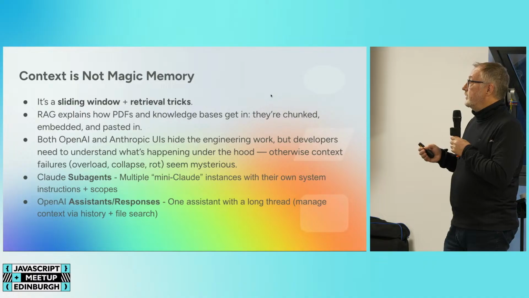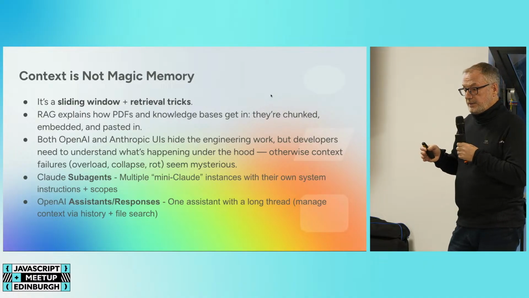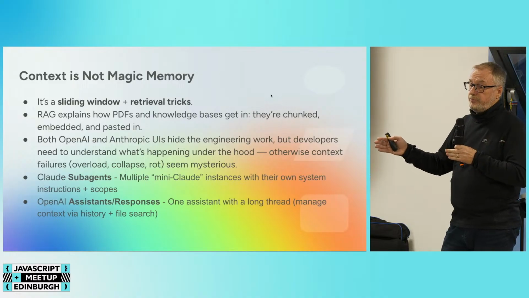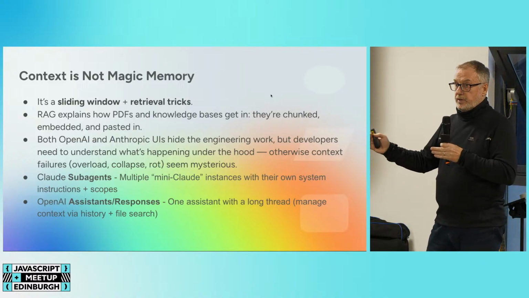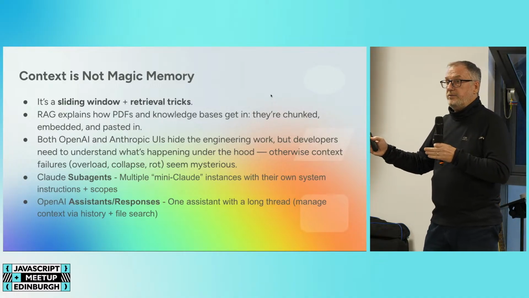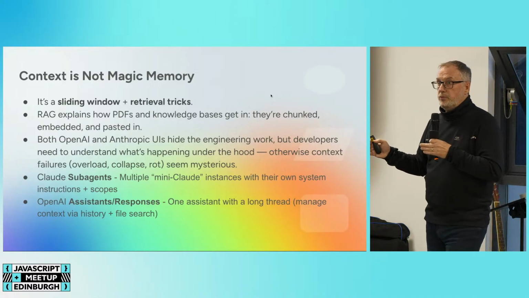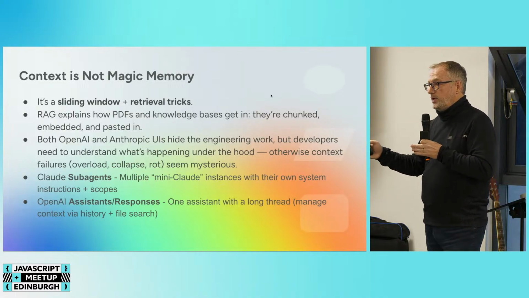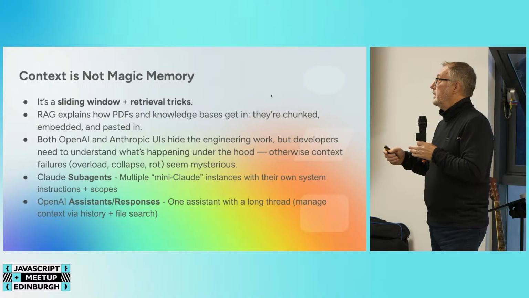It's a sliding window. And I like that analogy, because as the window slides, you get to miss bits if you can't see through it. As the window moves with your chat, or with your API calls, or however you're prompting it, that window will move all the time.